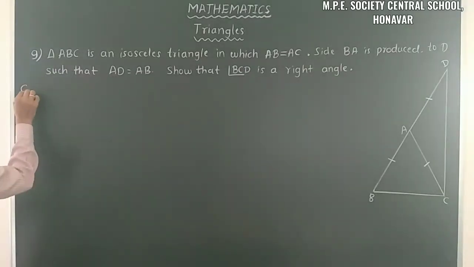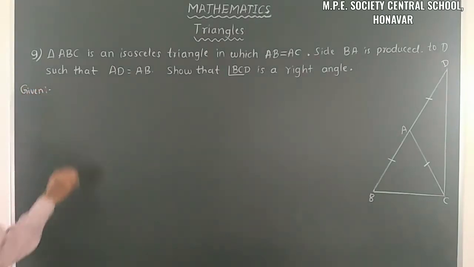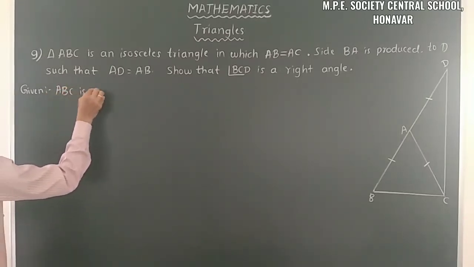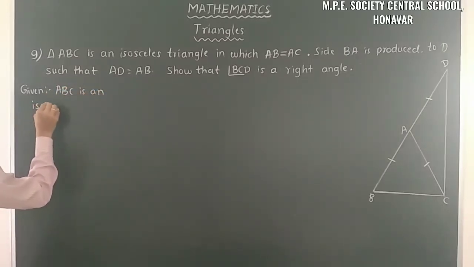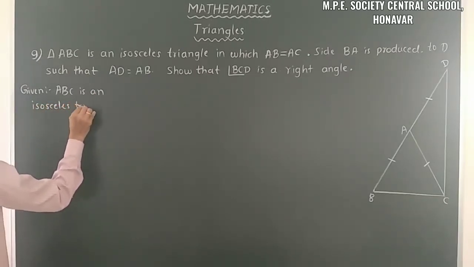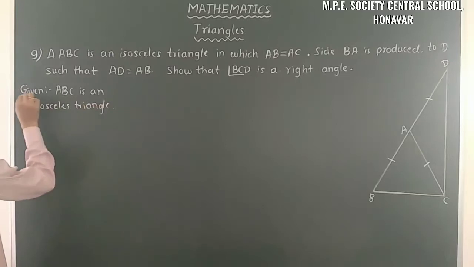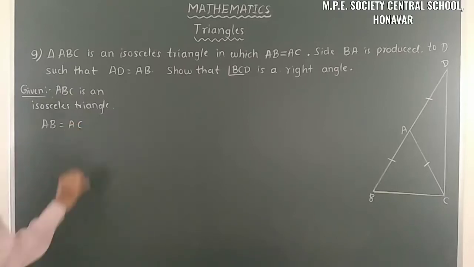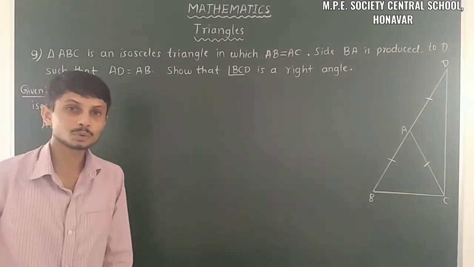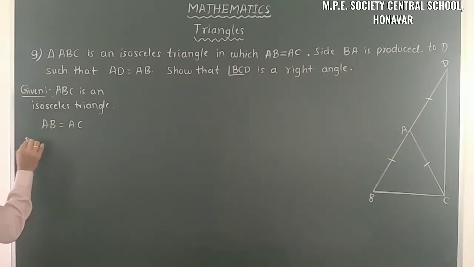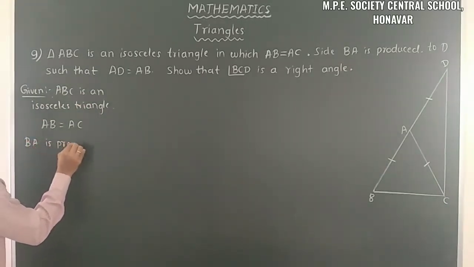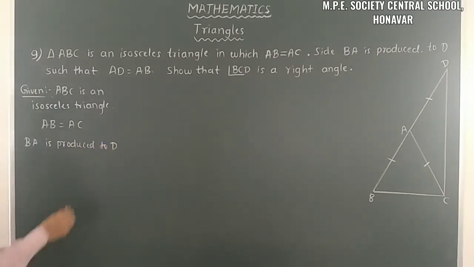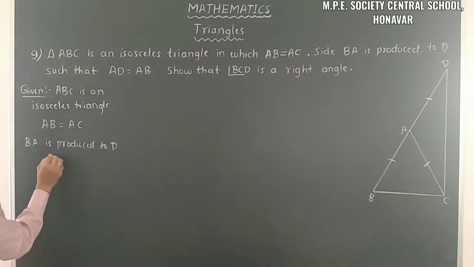Given: ABC is an isosceles triangle, so AB is equal to AC, and BA is produced up to D. One equality is there, that is AD is equal to AB.